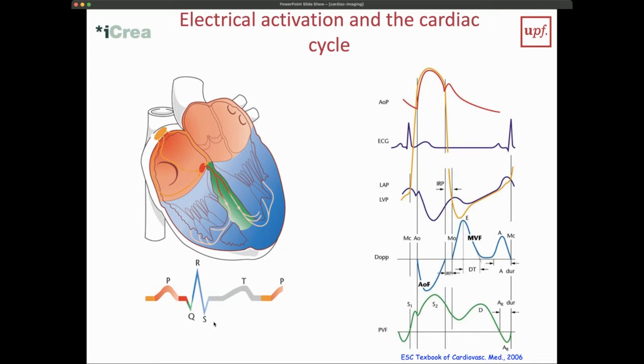That is the typical QRS complex, the spike that you always see on the ECG, which represents the time in which the electricity is spreading over the ventricle. Then there is some time when there's no electrical activity, but there's mechanical activity. That's when the heart is ejecting the blood. And then you see that the cells are repolarizing, and that's called the T wave.